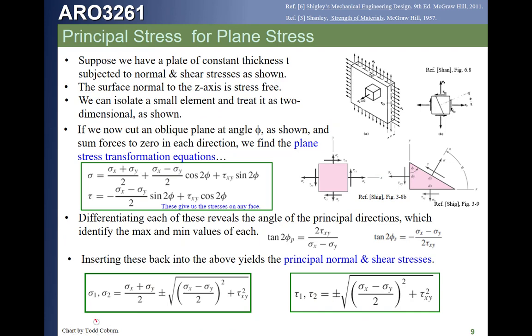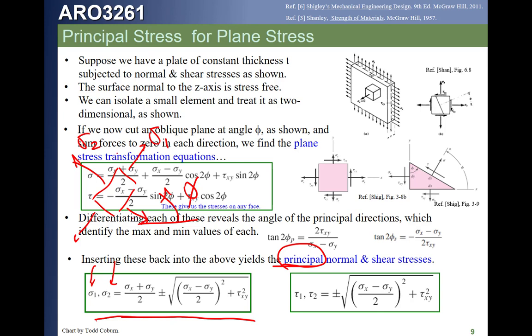So this equation here is really the key to principal stresses, because in it we're going to get both values of the normal stress. For any rotation, phi, we're going to get an angle rotated at that value. We're going to get the sigma 1, the sigma 2, and the tau xy from this equation.